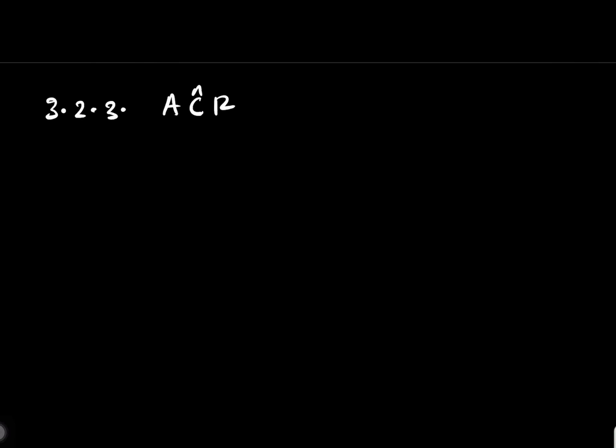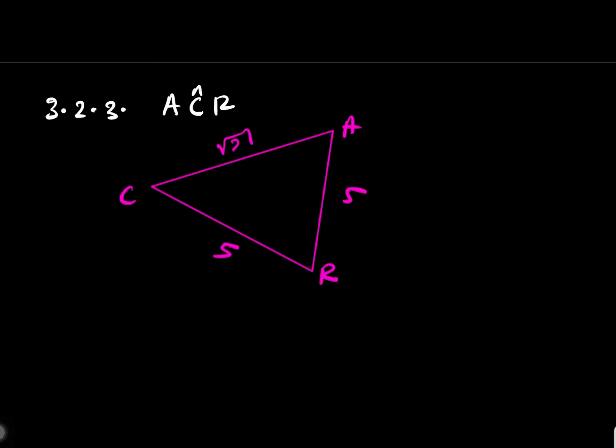I'm just going to draw my triangle here. This is C, and then this is A, and this is our R. I'm just taking it outside. And AR, it was what? AR was 5, and this was 5, and this was root 20.